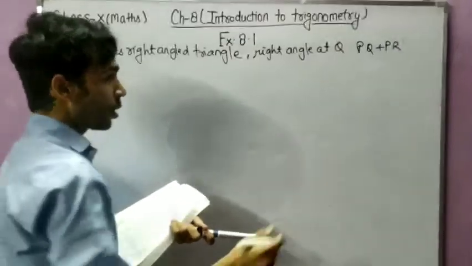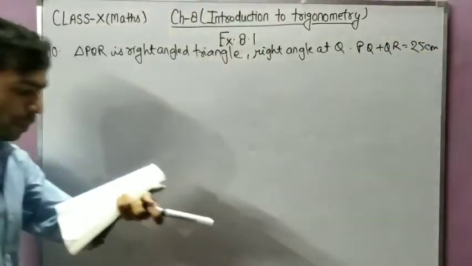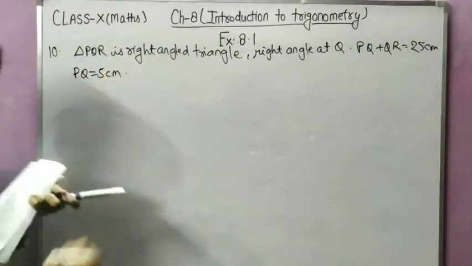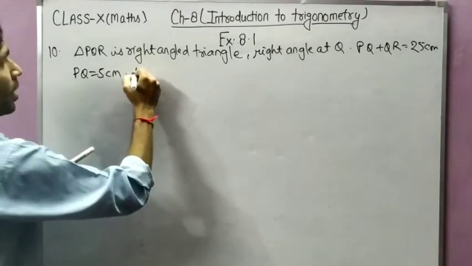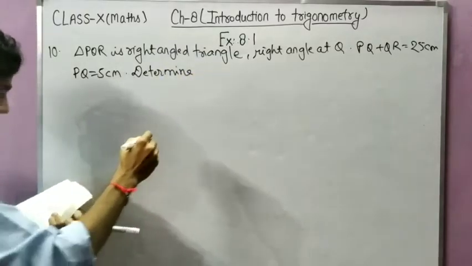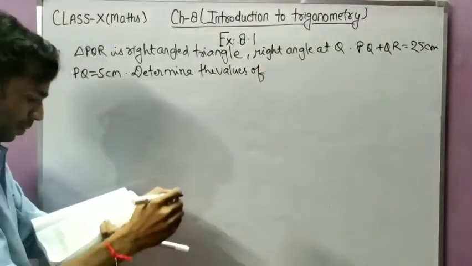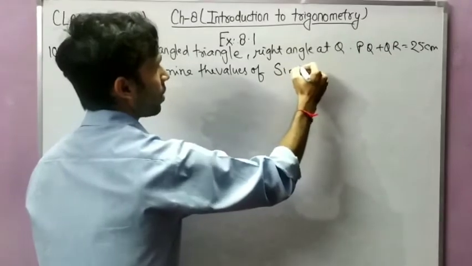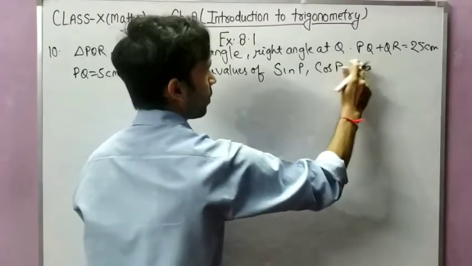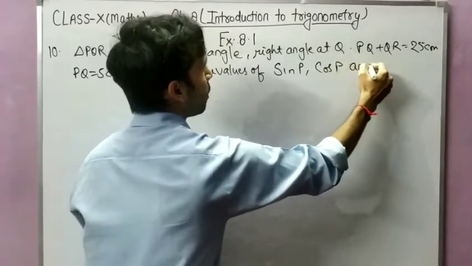PQ plus QR equal to 25 centimeter, and PQ is equal to 5 centimeter. So you have to determine the values of sin P, cos P, tan P.